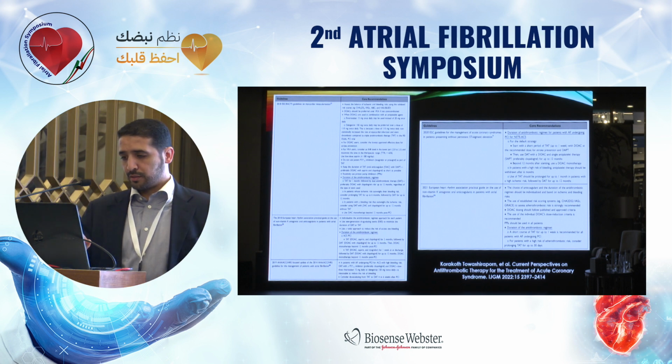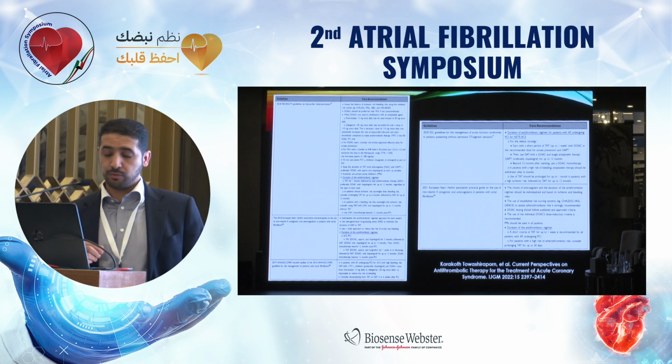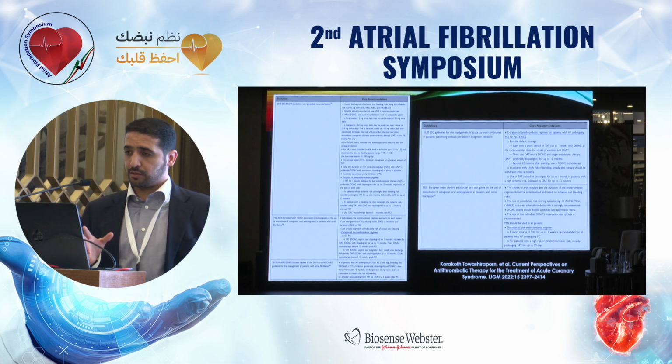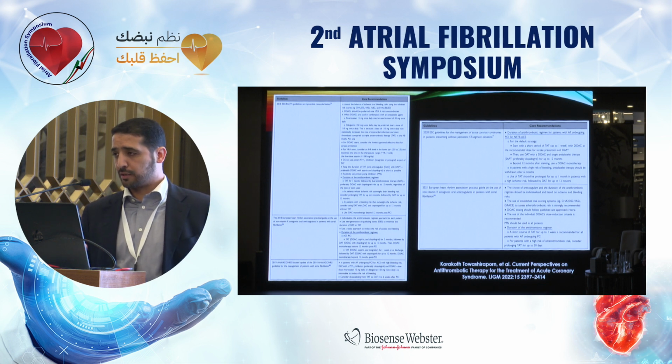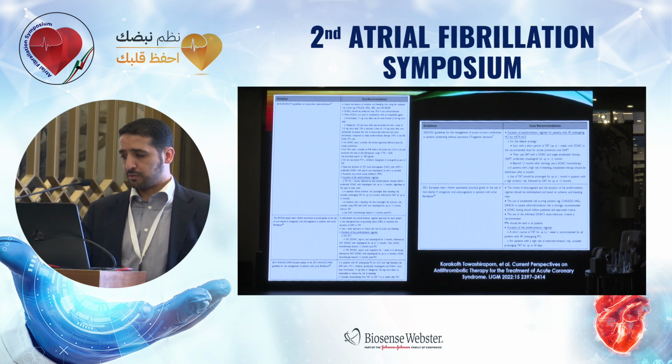This is a busy slide, but it summarizes all the guidelines. Unfortunately, the guidelines are lacking. The latest guideline was 2021, and they totally disregarded the findings of the AUGUSTUS and ENTRUST trials.